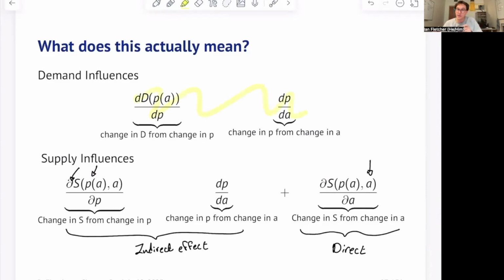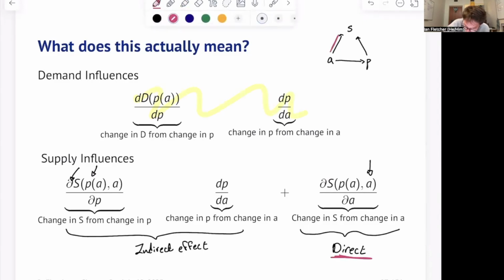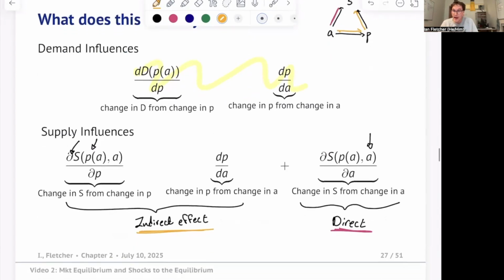So if we draw this with A and P, both A and P influence supply, but A also influences P. To get everything here, we're going to have this direct effect and these indirect effects.